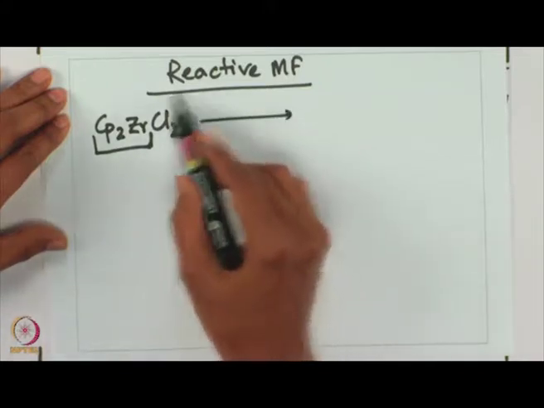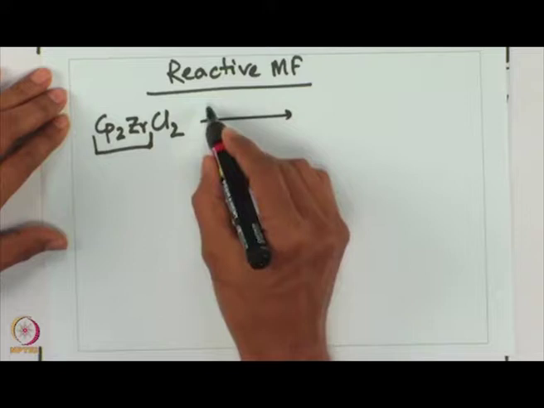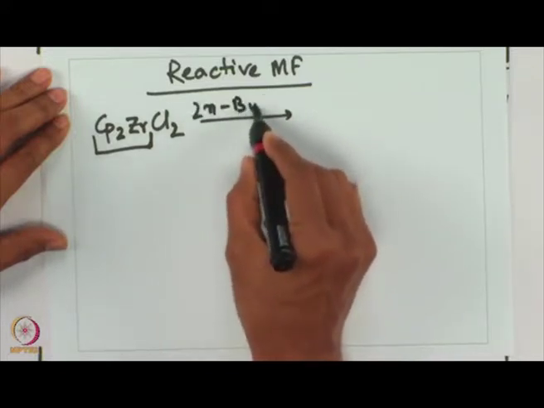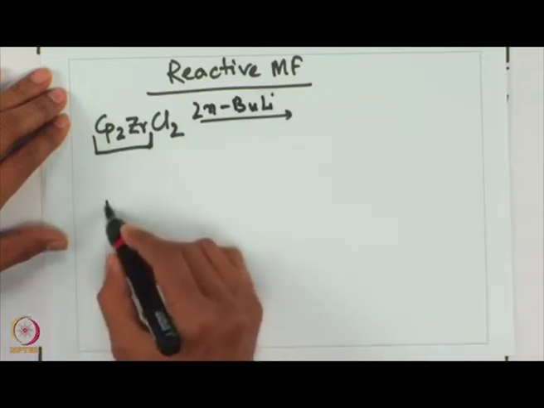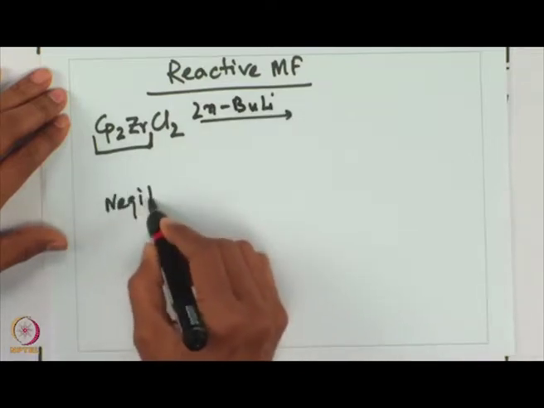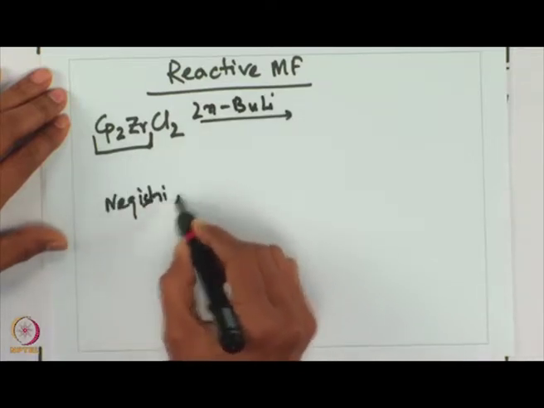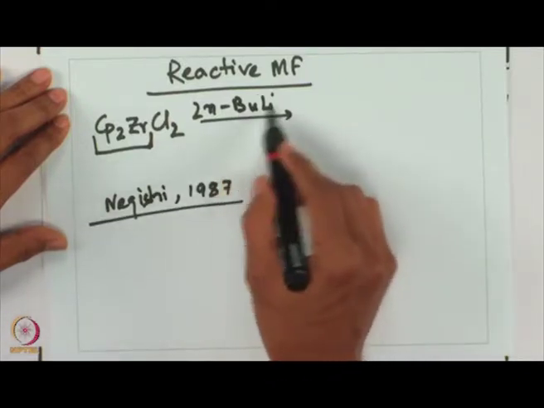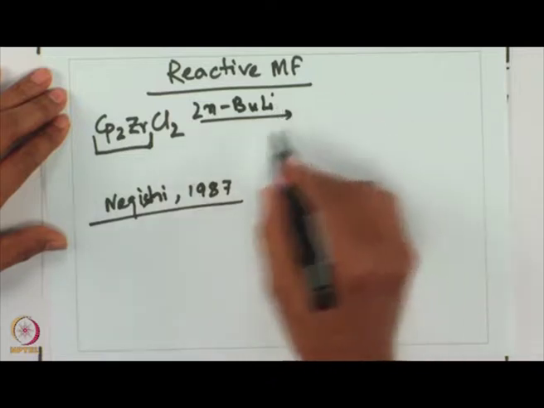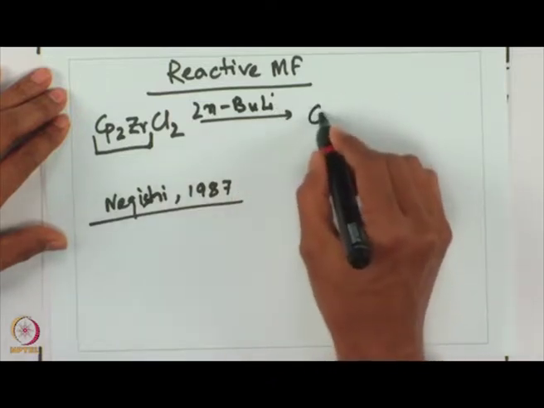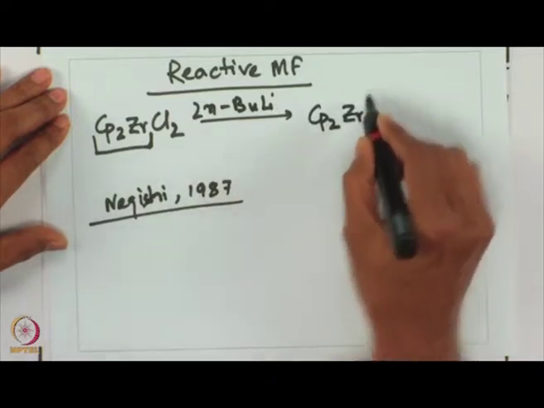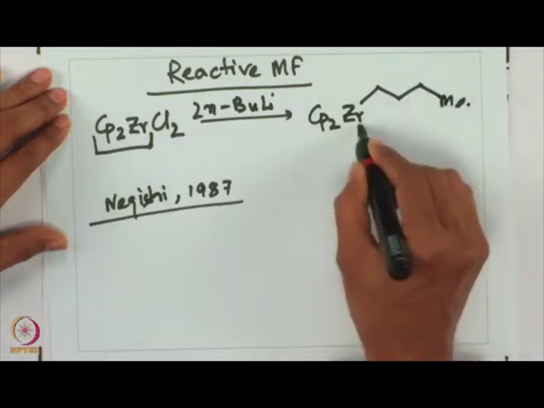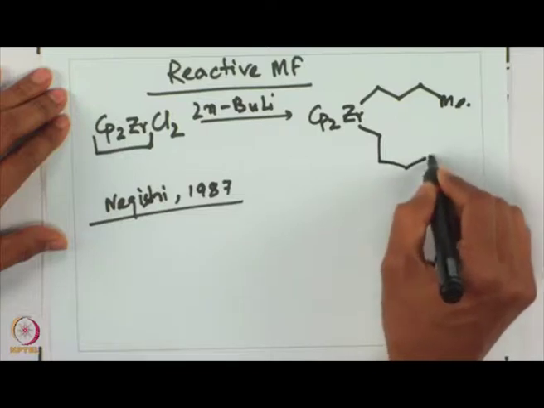For this purpose, as you can see that two chlorides are there, we can take two equivalents of n-butyl lithium. This was reported by Negishi in 1987. Two equivalents of n-butyl lithium can be reacted to give you the Cp2 zirconium dialkyl intermediate, right.